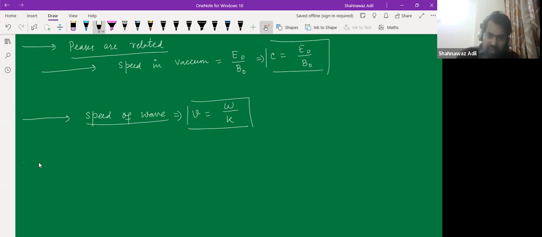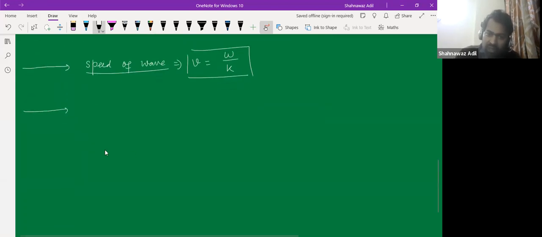And we also know that this c is related with the permittivity, right? This is related by c squared is 1 by mu naught epsilon naught. Or if I only write c, it would be simply this.